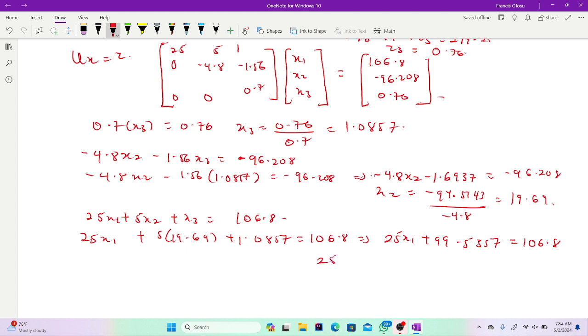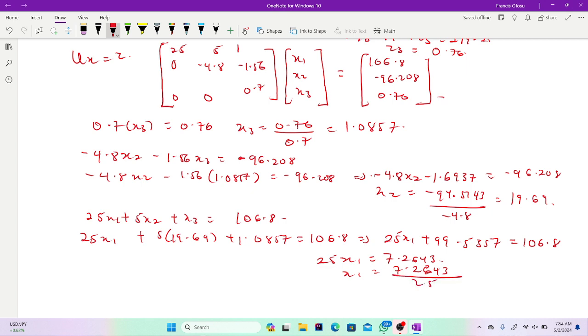So I'll have 25x1 to be equal to, I'm subtracting, 106.8 minus 99.5357, and this is 7.2643. So x1 is simply equal to 7.2643 all over 25.